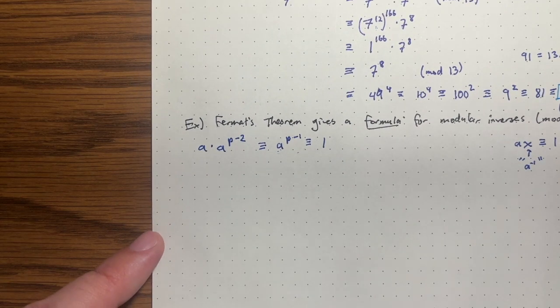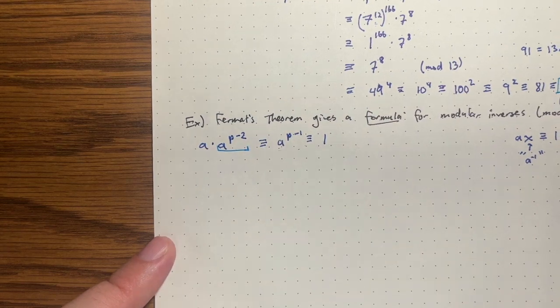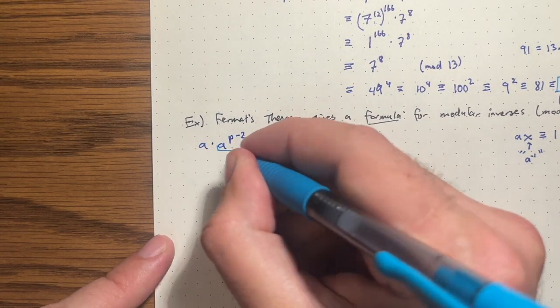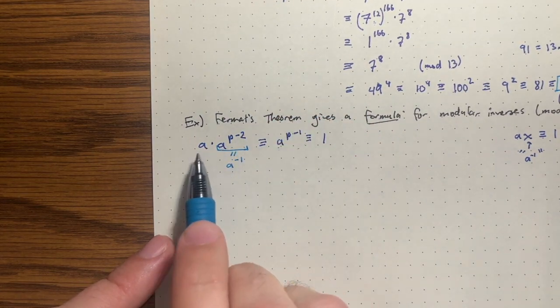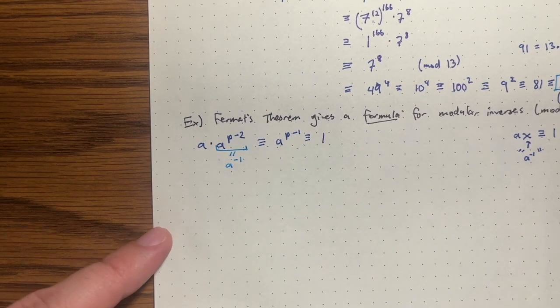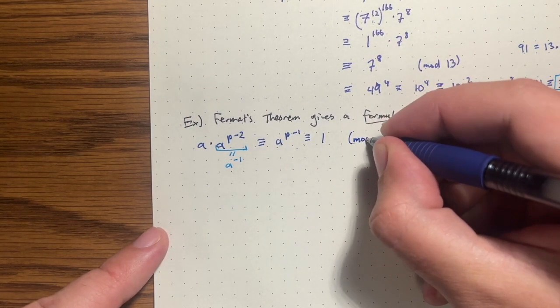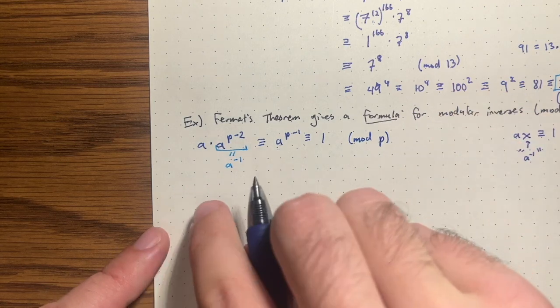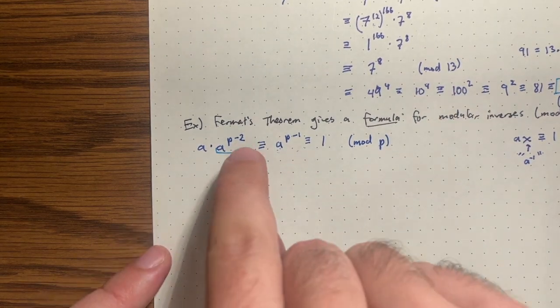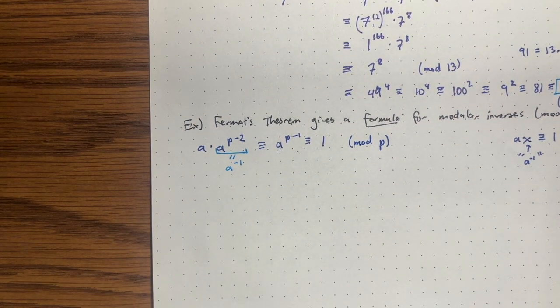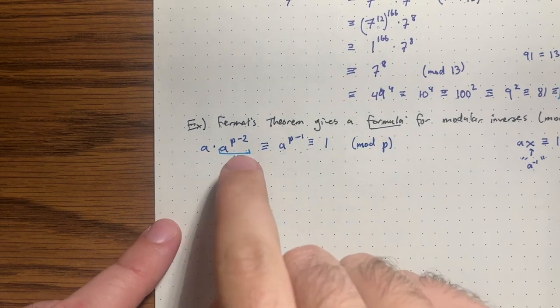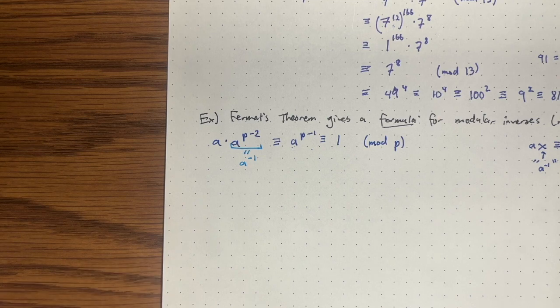Well, doesn't that mean that this thing right here is A inverse? Because it's a solution to AX congruent to 1, modulo P. So the formula for the modular inverse of A is A to the P minus 2. Very useful. You just tell a computer to do this, and it can do it very quickly.